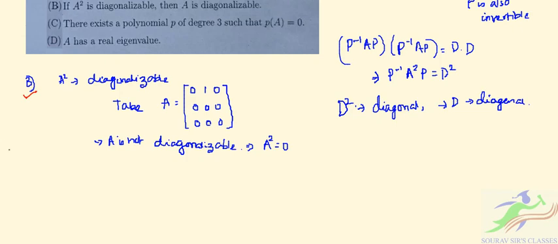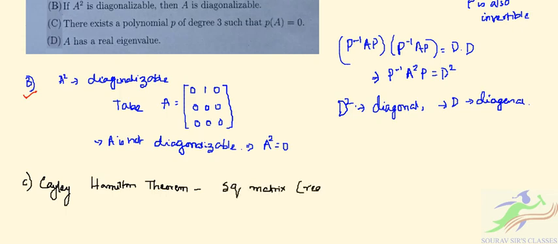So what is the Cayley-Hamilton theorem? Let's just review it. Cayley-Hamilton theorem: every real and complex square matrix will satisfy its own characteristic equation.